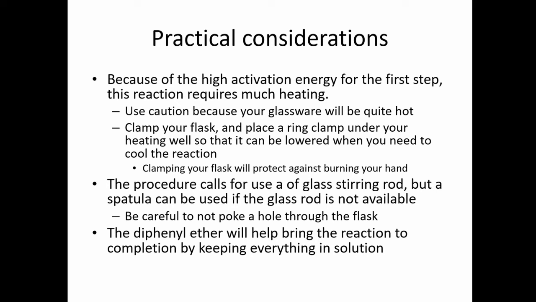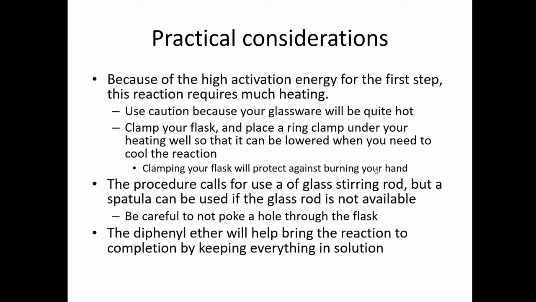So just some considerations to think about. Because the activation energy is so high, we need to use a ton of heat in order to initiate it. Remember that the glass is going to be very hot, so you want to use some kind of clamp in order to hold it. If you ever need to move the flask, always use tongs.